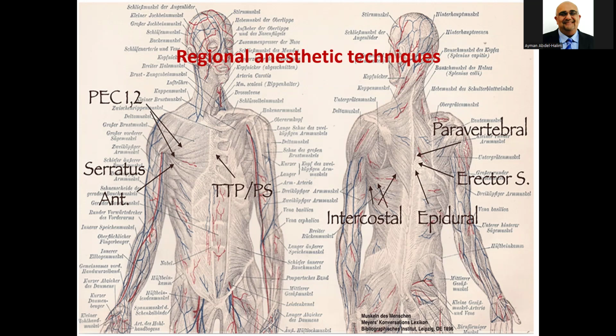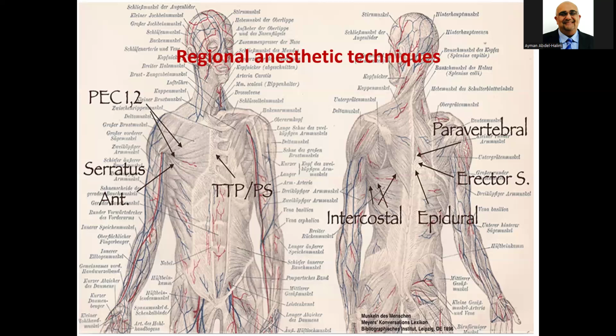The more central you are, like thoracic epidural, for example, the better analgesia you will get, but the more complications you might encounter. Also, the more central you are, it's difficult to justify doing this procedure in patients that are anticoagulated, and also patients that have spinal cord injury. So everything has its pros and cons.